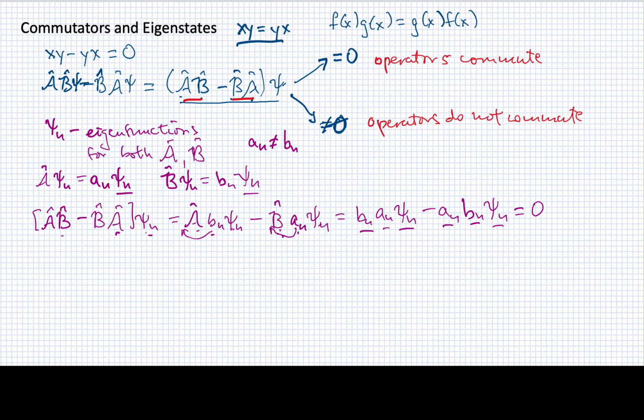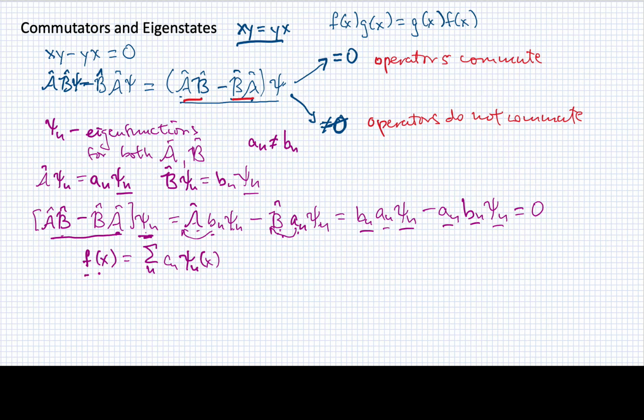So in other words, when I apply this combination of operators to a set of functions that are eigenfunctions of both of those operators, I should get 0. Now, as I've talked about in an earlier video, we can express almost any function as a linear combination of the eigenfunctions of a Hermitian operator.